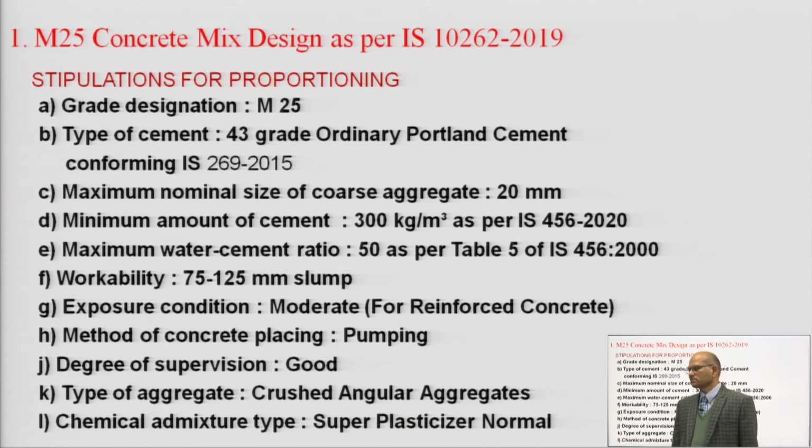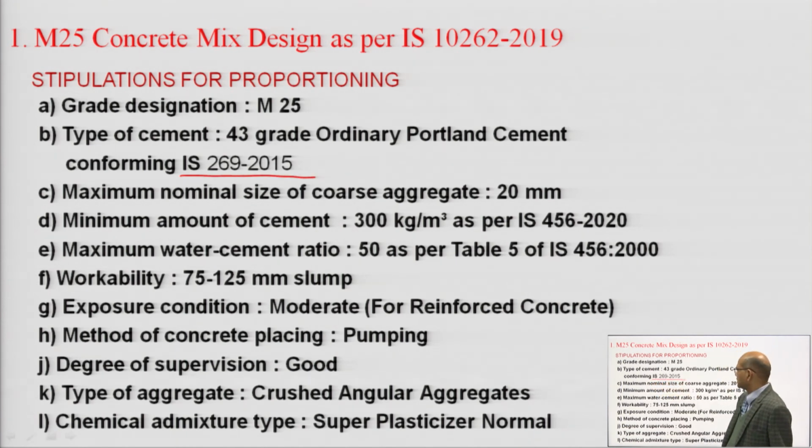All these specifications have been modified in IS 269:2015. Earlier there were different codes for different ordinary Portland cements, but now they have combined all the properties in only one code, IS 269:2015. So, you are supposed to check this specification also. Whenever you get the cement from the field, we have to do the testing and satisfy the requirements of 43 grade ordinary Portland cement.